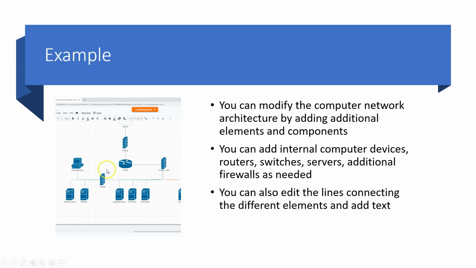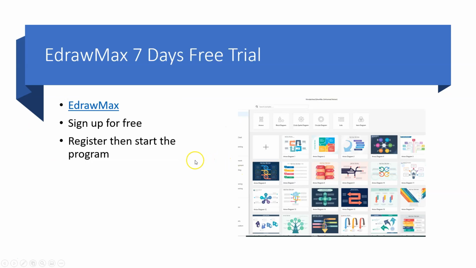You can add internal computer devices, routers, switches, servers, additional servers, or maybe more firewalls than the 3 that we have here. They have a trap here for hackers, a honeypot, so you can add another one on the other side. Whatever you like, you can do, but this is the architecture that you see.